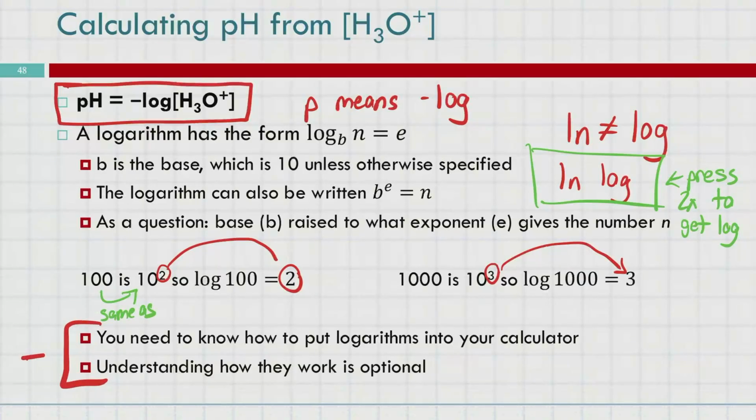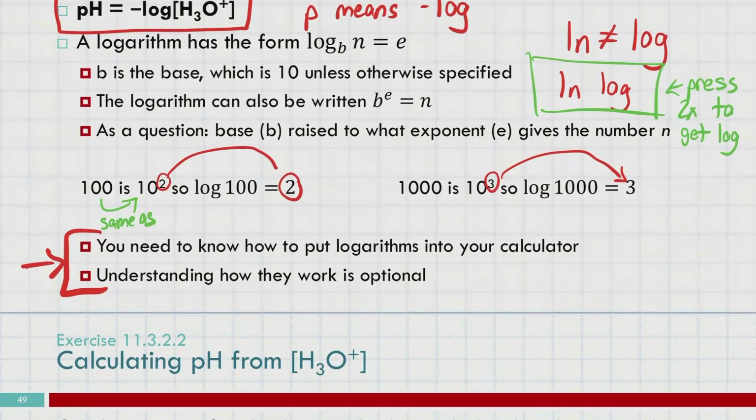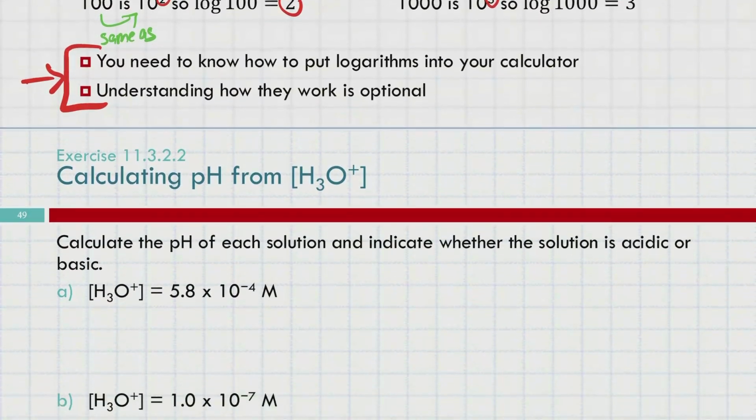And just a reminder, in case you look back at the slides later, you do need to know how to put logarithms into your calculator. You do not need to know how they work. If you can put them in correctly, if you can undo them correctly, it's good enough. Questions about logs? Good, I love it when there's no questions about logs.